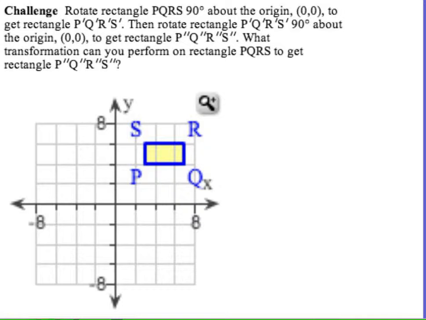First step, deciphering this word problem. First, they want us to rotate, okay? And we need to rotate it 90 degrees, about the point of origin. Okay?